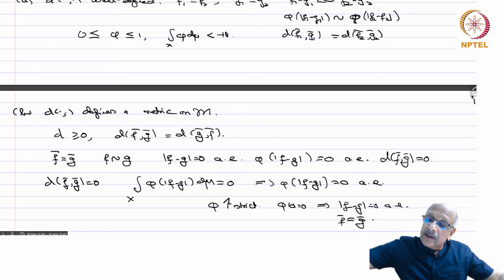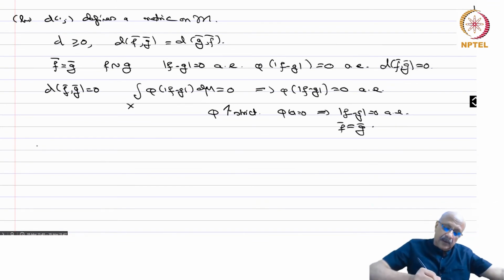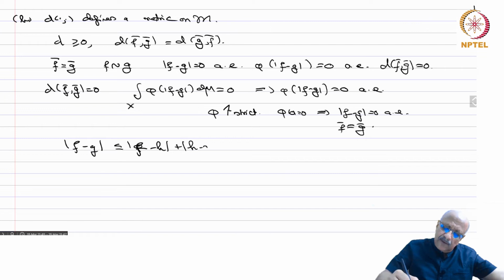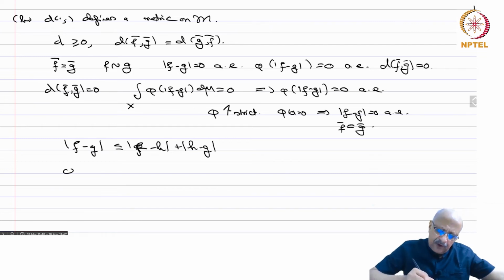Then the triangle inequality. So you have mod f minus g is less than or equal to mod f minus h plus mod h minus g, and therefore phi of mod f minus g is less than or equal to phi of mod f minus h plus mod h minus g.